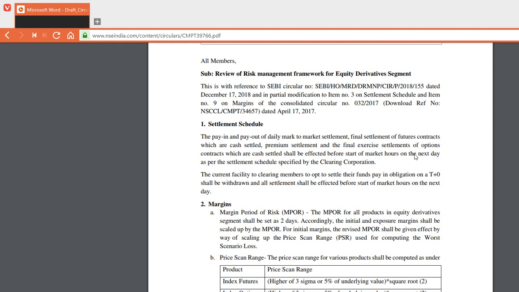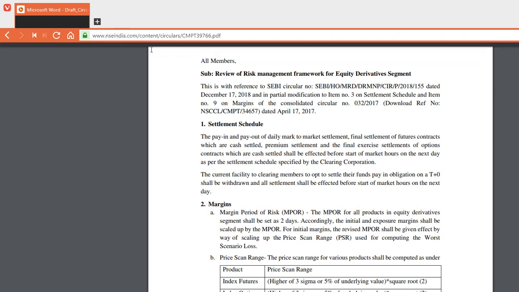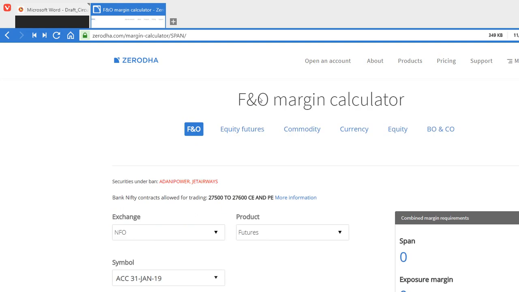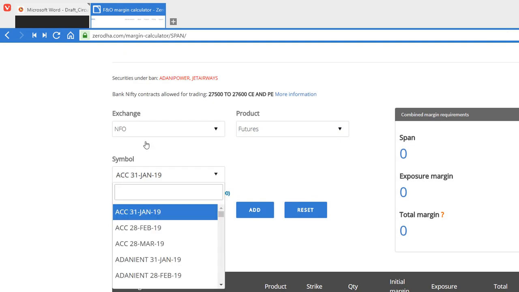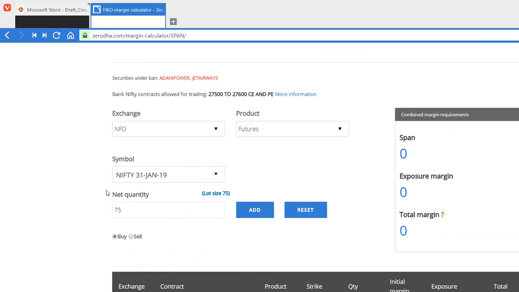So how this will affect is there is something called SPAN margin and exposure margin. Let me go to Zerodha's margin calculator. For example, if I click Nifty, when you buy an option, the only margin blocked is 75 into the price of the option.